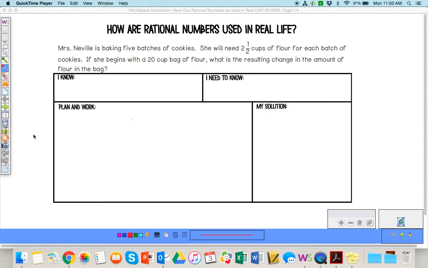So our first problem says, Miss Neville is baking 5 batches of cookies. She will need 2½ cups of flour for each batch of cookies. If she begins with a 20 cup bag of flour, what is the resulting change in the amount of flour in the bag?